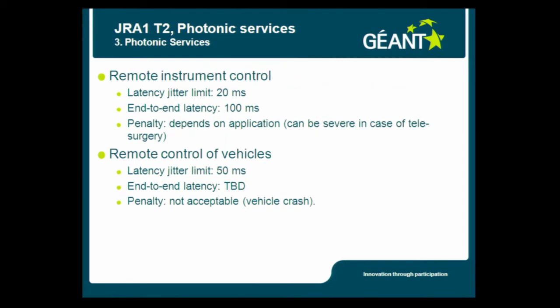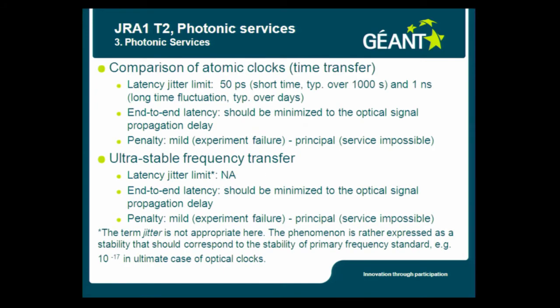Yeah. Remote instrument control, remote control of vehicles. Perhaps this is not so important for NRENs. Definitely, we've got two applications which are very interesting. One is comparison of atomic clocks, which is basically time transfer, and another application is transfer of ultra-stable frequency.